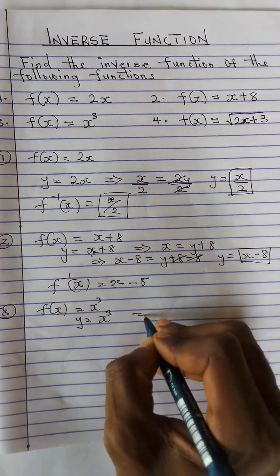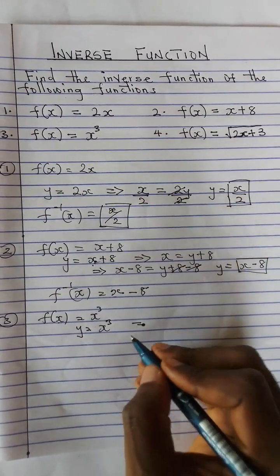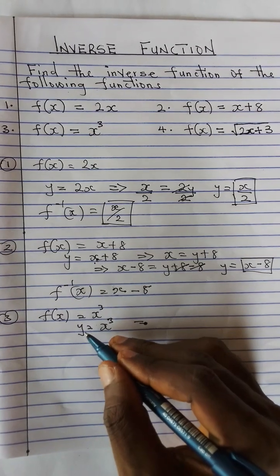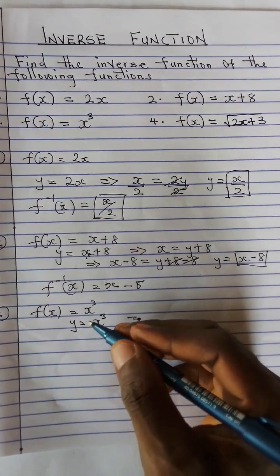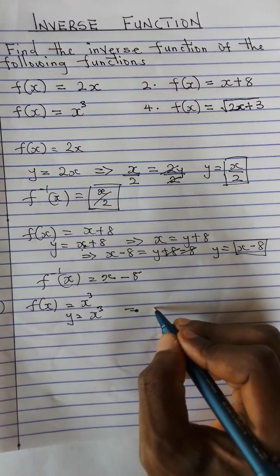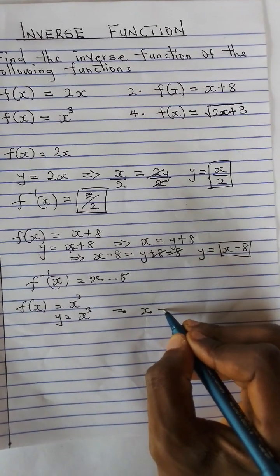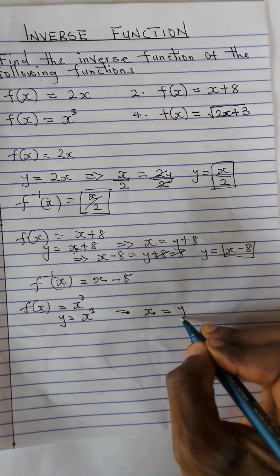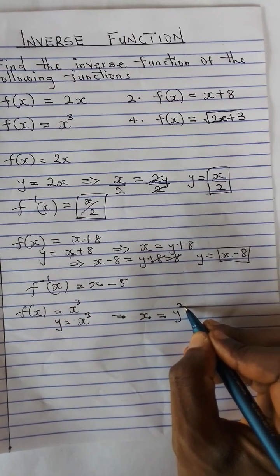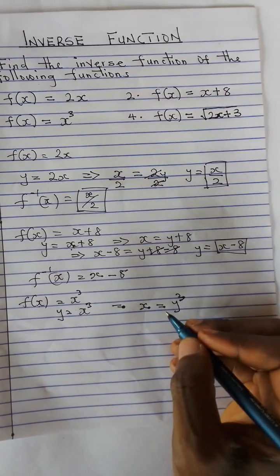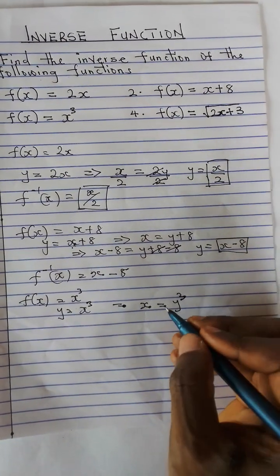So now we'll interchange x and y. So where we have y, we are going to replace it with what? x. And where we have x, we are going to replace it by what? y. Okay, that's 3.